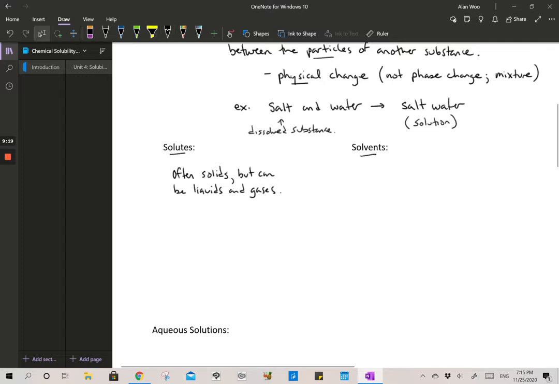What is more accurate is that solutes represent the lesser amount of substance being dissolved.